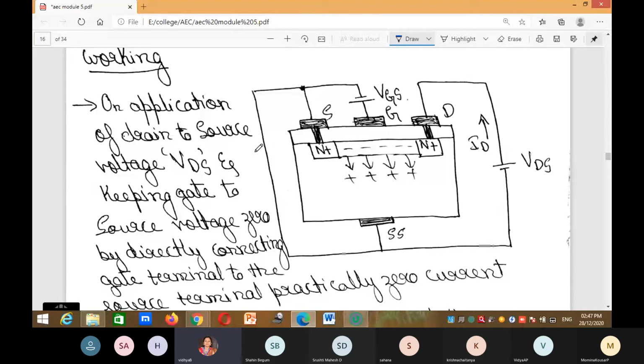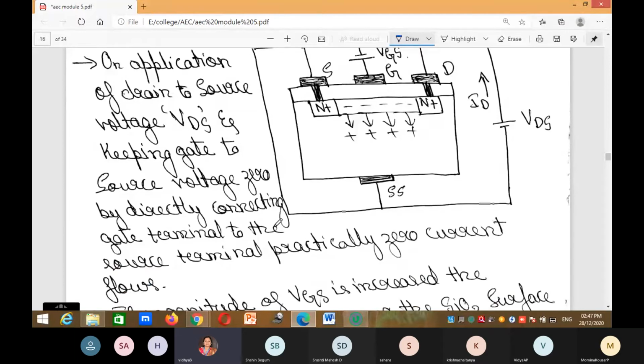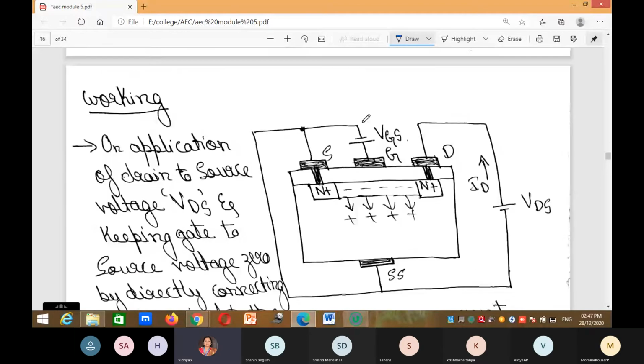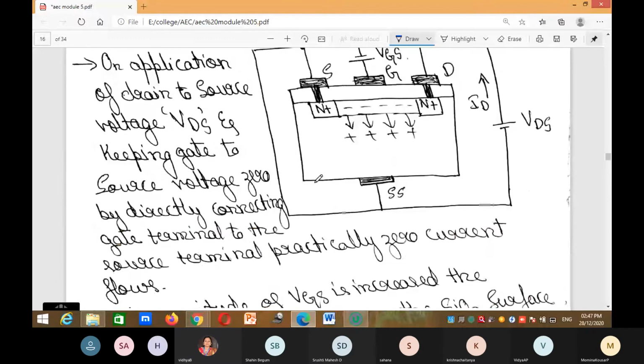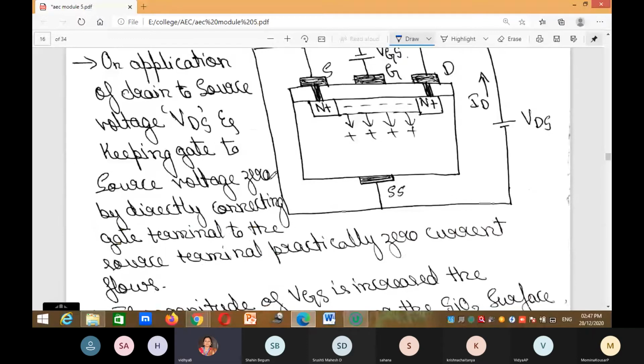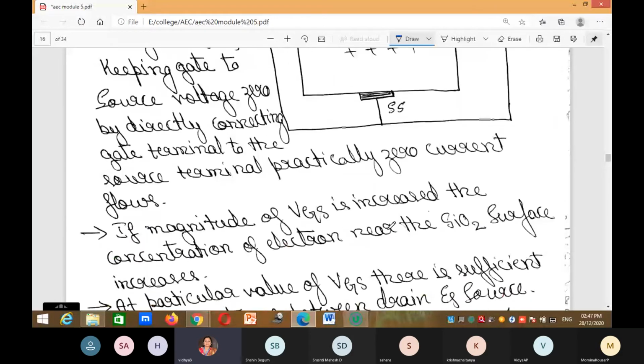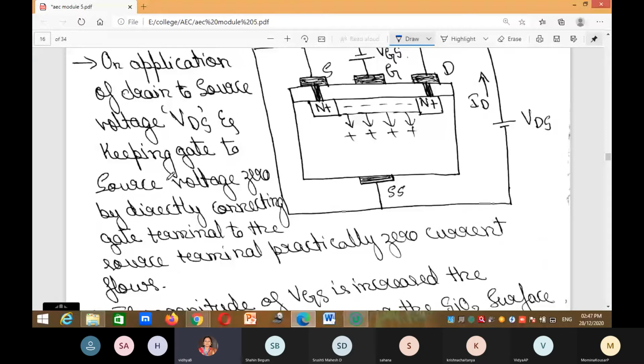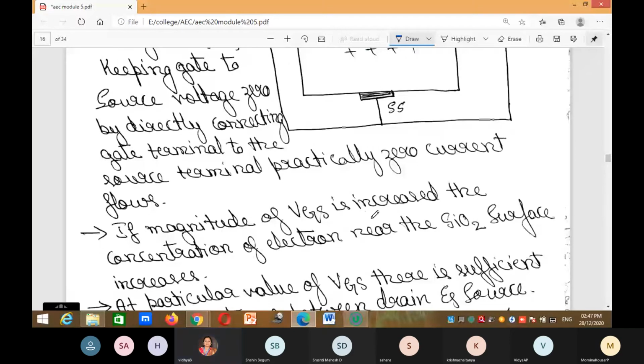Keeping the gate to source voltage VGS at 0, by directly connecting the gate terminal to the source terminal, practically zero current flows.